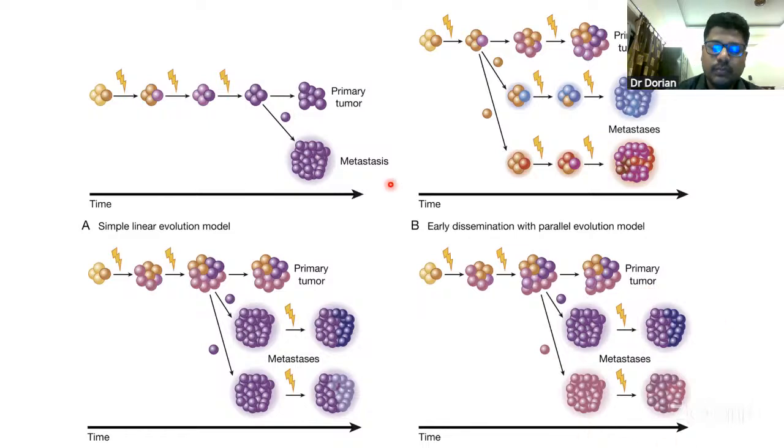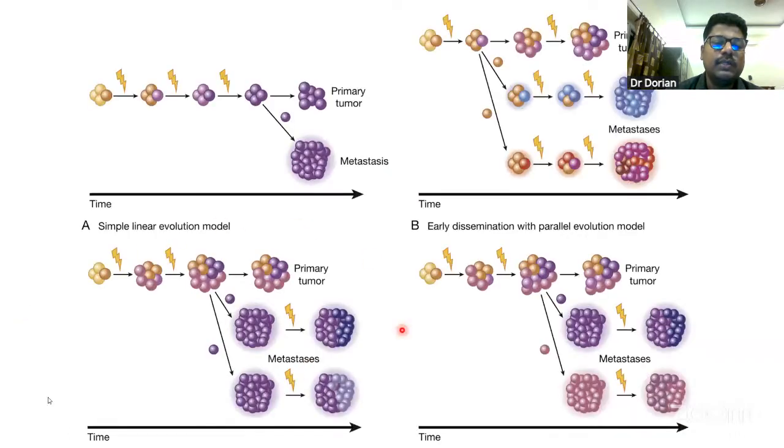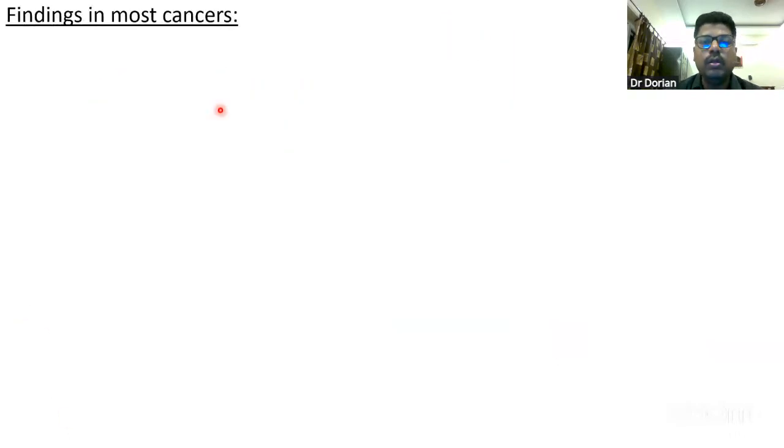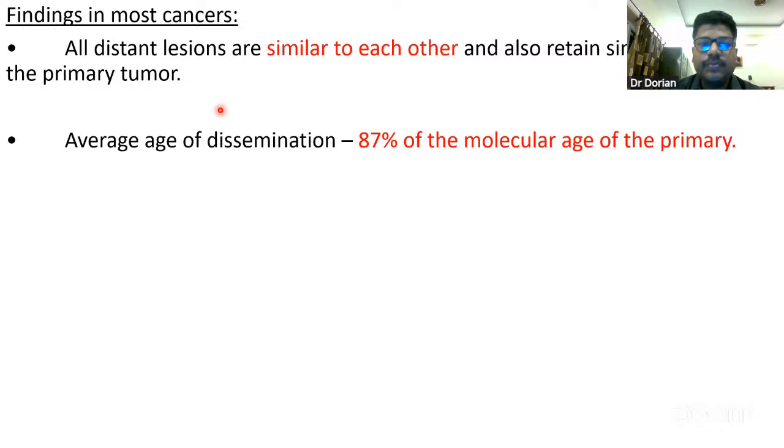So all these are 4 different models, but the model which is most accepted is model number 3. It's because all the distant lesions are similar to each other, which means only one clone is giving the distant metastasis, and 87% of the age of the cancer should be completed.